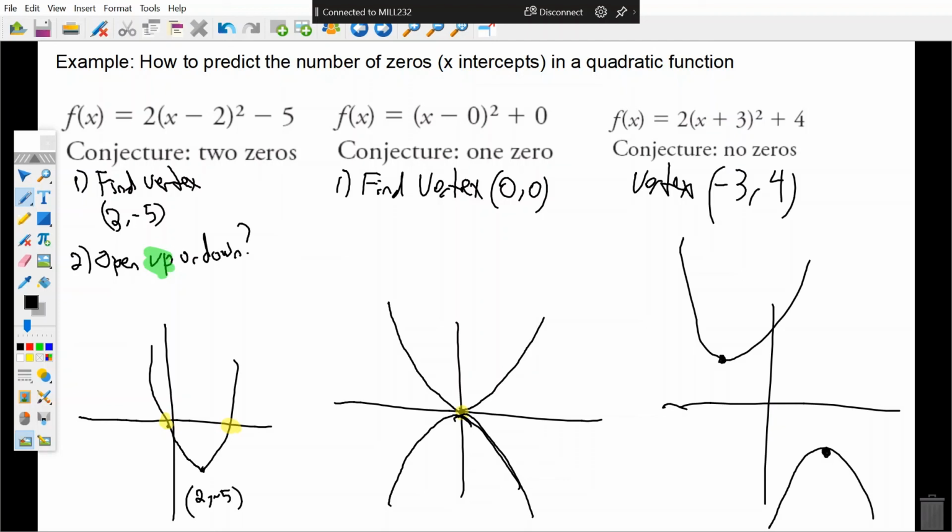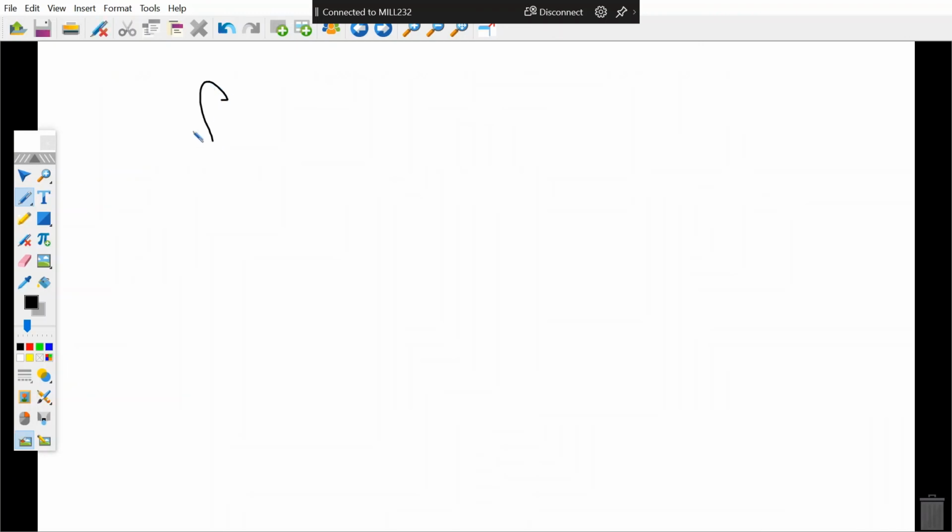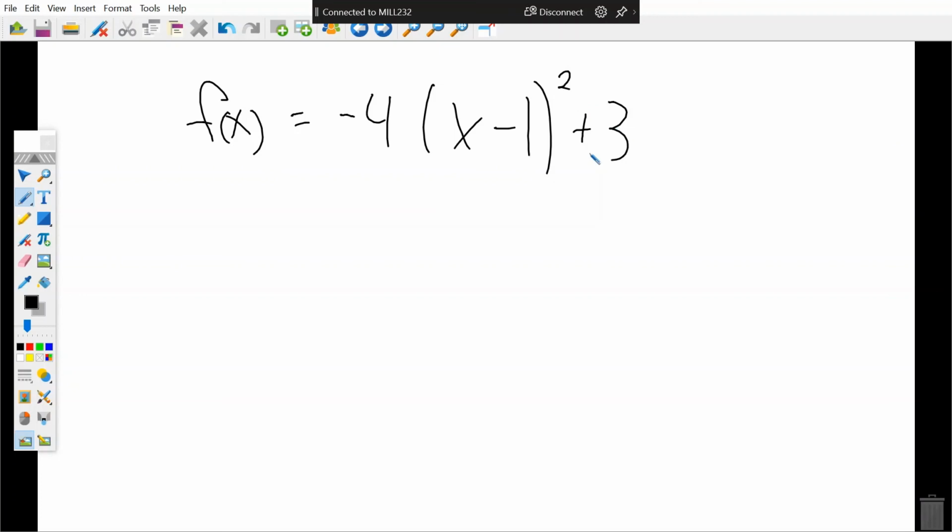0, okay? So anytime they give you an equation, like let's say they gave you f of x equals negative 4 times x minus 1 squared plus 3, and they ask you how many zeros, find your vertex, which is 1 and 3.